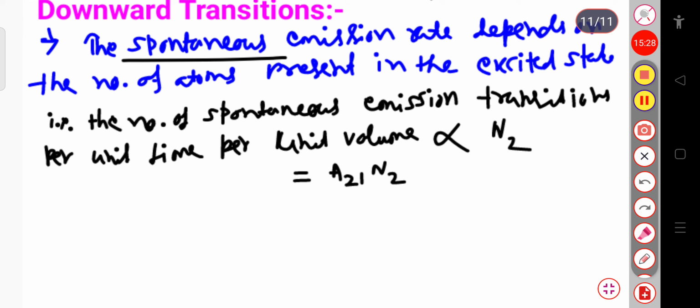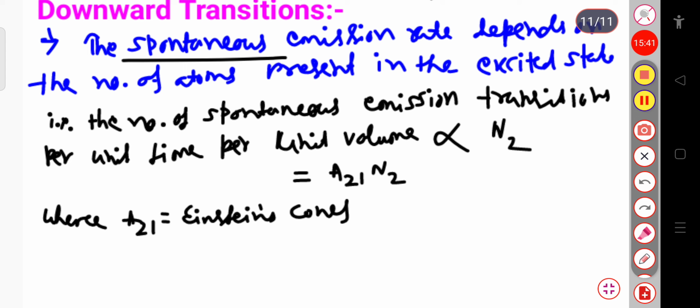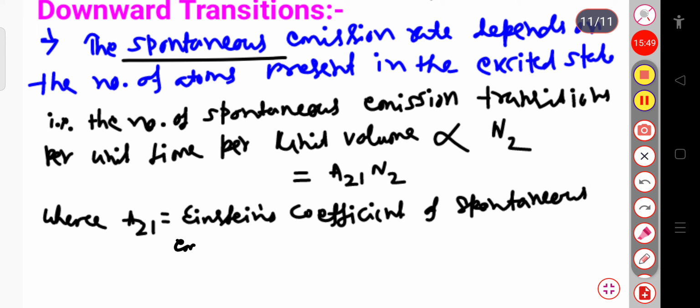Where this A21 is called the Einstein's coefficient of spontaneous emission.